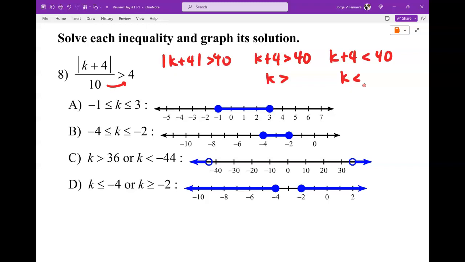My brain is having issues with multiplying by 10s. So this will be 36, and it should be a negative, right? So a negative 44. So there we go. The original guess was right. Sorry about that.